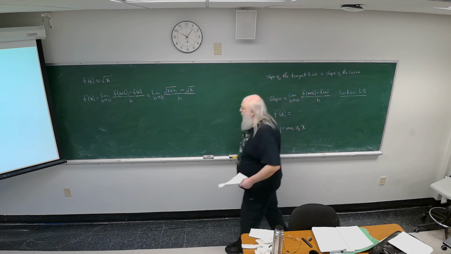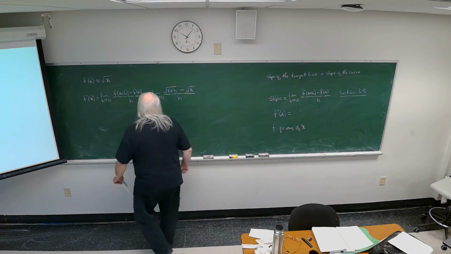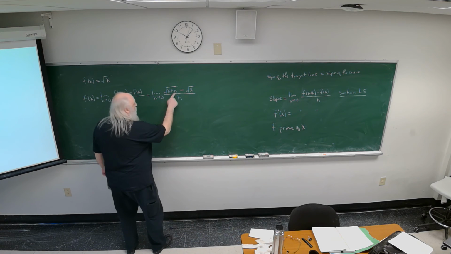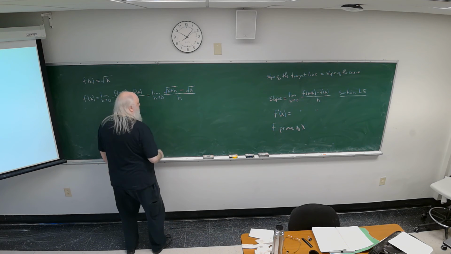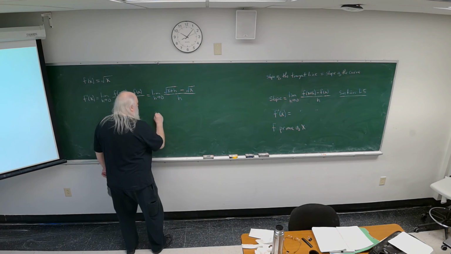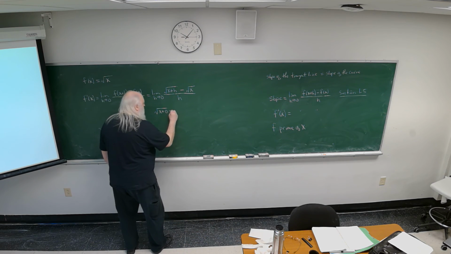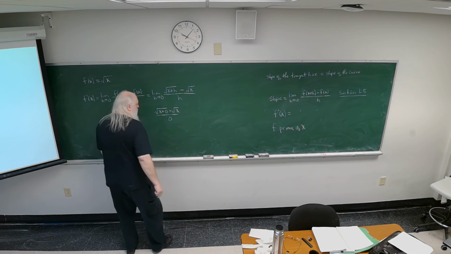So if we put in 0 for h, right, it's h. So it's not x that's approaching 0, it's h. Put 0 in for h, we have the square root of x plus 0 minus the square root of x over 0.